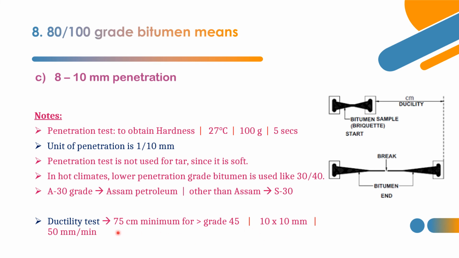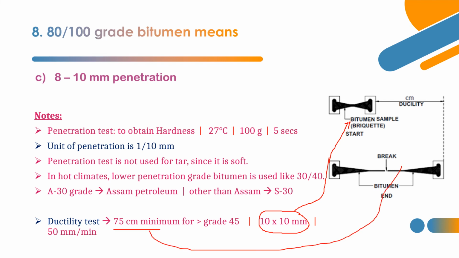Actually, 75 centimeter is the length of the ductility, not the briquette size. Briquette size is 10 cross 10. This 10 cross 10 is the standard briquette size, and the 75 centimeter is the ductility value. Sorry for the confusion.